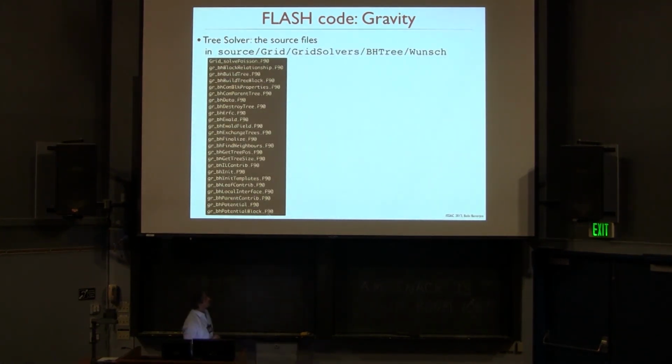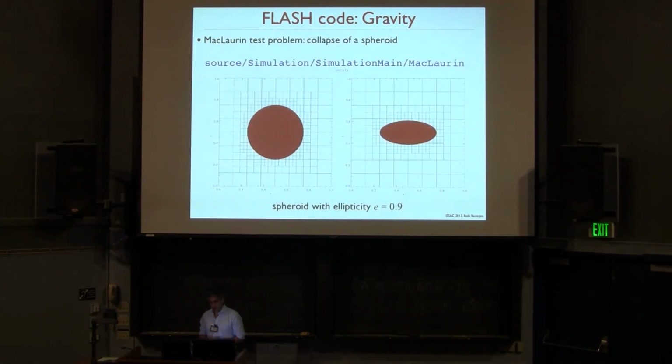All these files related to this algorithm start with GR_BH, for Barnes and Hut. And this is essentially the test problem which I encourage you all to try out: the Maclaurin spheroid. Here you see how the setup should look initially. These are different projections.